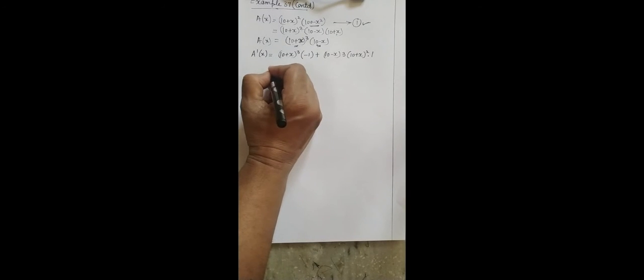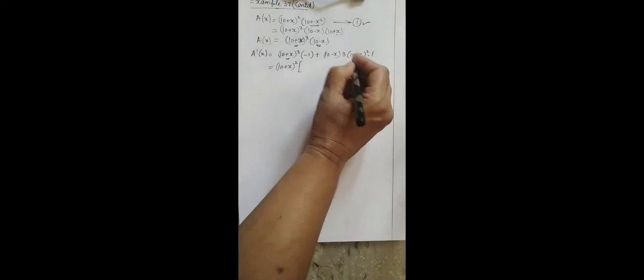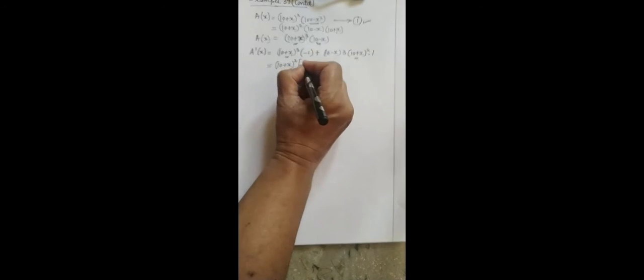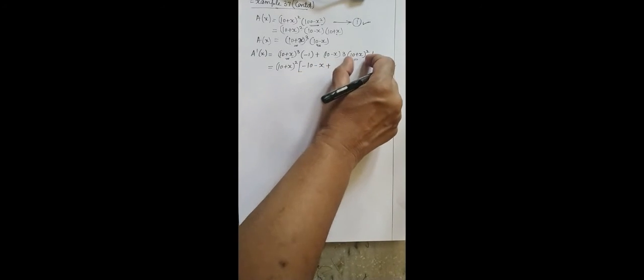So now again students, we can take 10 plus x whole square as common. As far as possible, we have to make the factors side by side. So 10 plus x whole square is common. So here it will be 10 plus x into minus 1, which becomes minus 10 minus x. Then plus, now 10 plus x whole square is common.